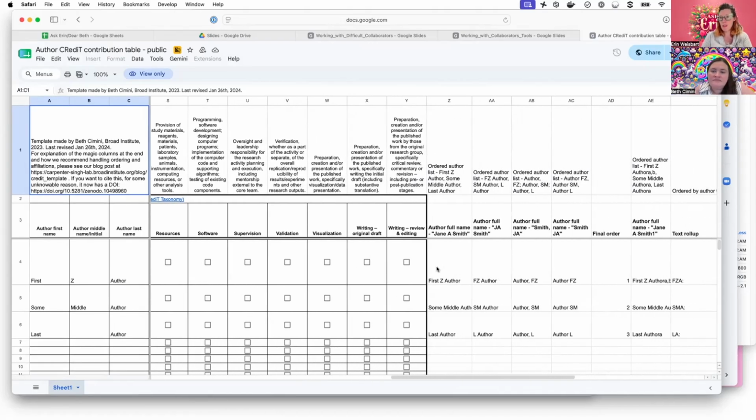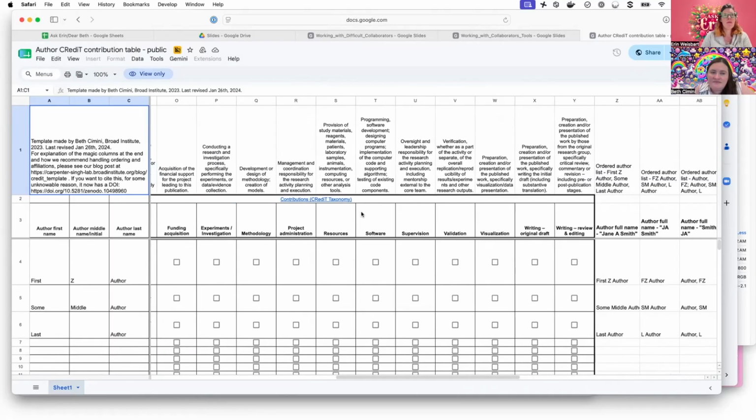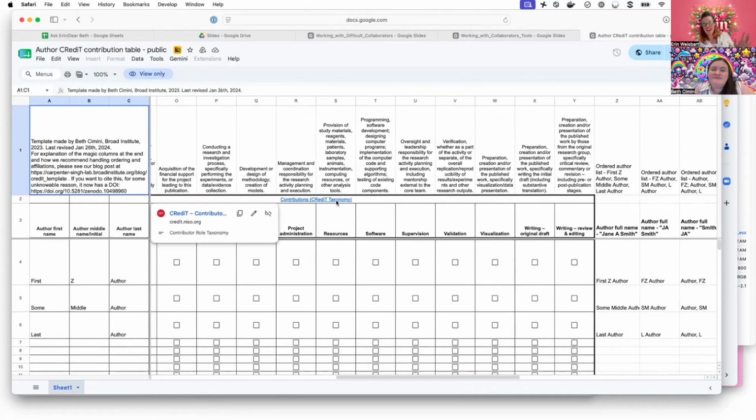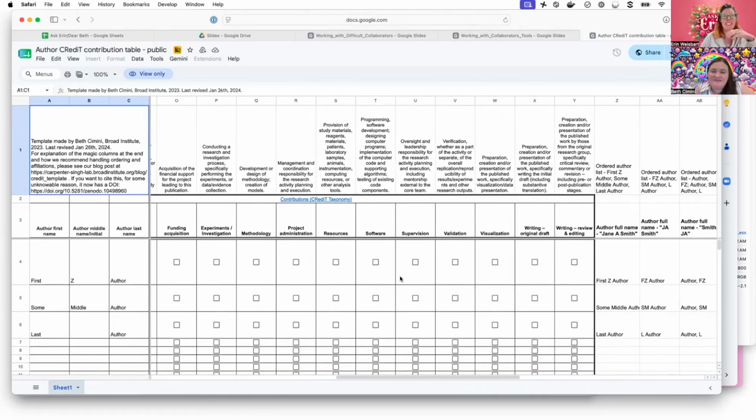So this is a cool resource where we did not come up with the CRediT taxonomy, but Beth put this into a template that anybody is welcome to use for their own project. Use it early, at the beginning of a project, not just at the end, because you'll forget, for projects that go on 4 or 5 years, that somebody came in and helped out for 3 weeks 3 years ago.